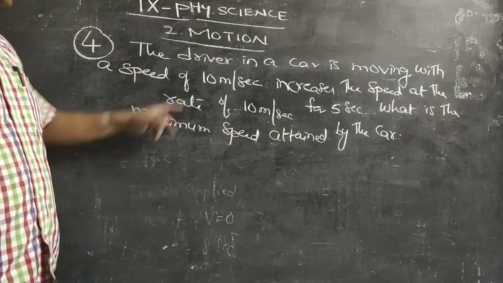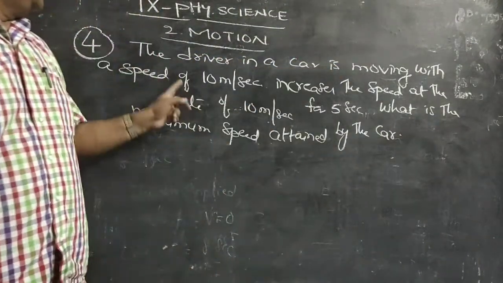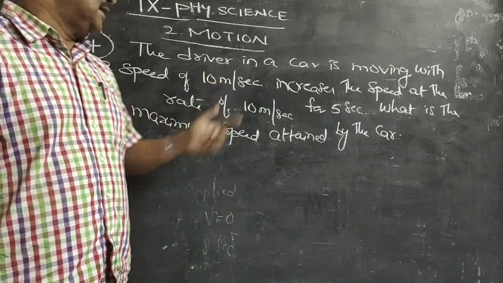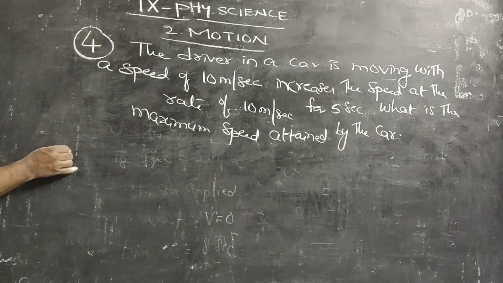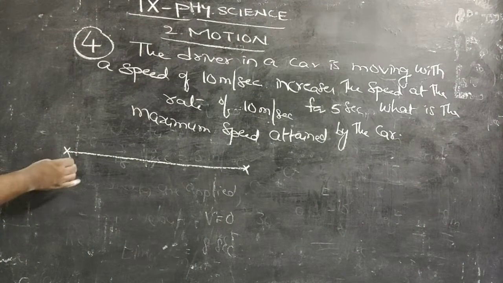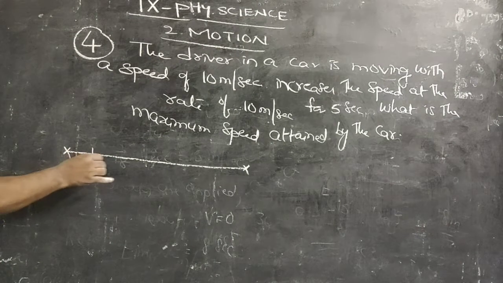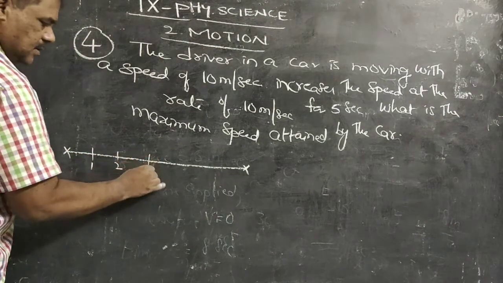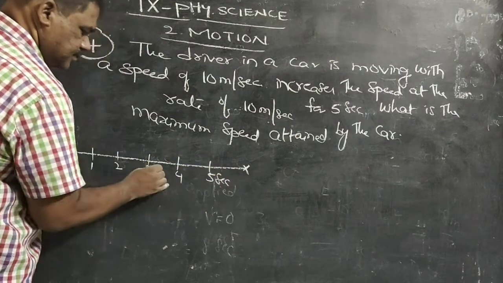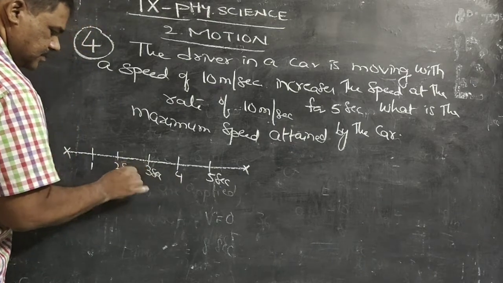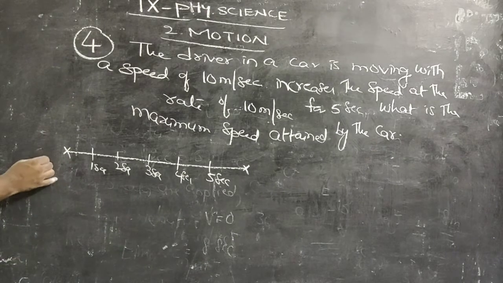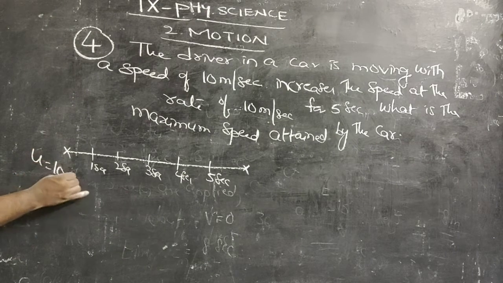So here the driver in a car is moving with a speed of 10 meters per second. This is the initial speed, initial velocity, 10 meters per second. First, starting, its velocity is 10 meters per second.